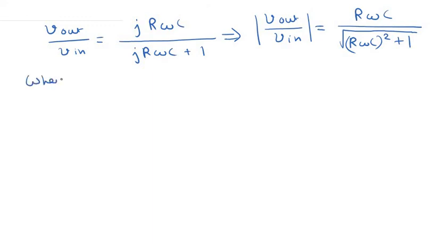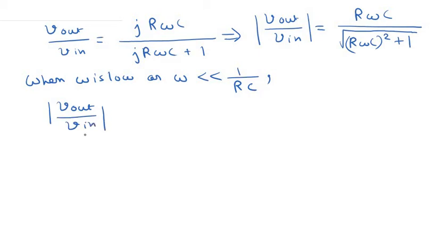When this omega is low, which basically means that omega is much less than 1 by RC, which also means that R omega C is much less than 1, we can neglect this (R omega C) square compared to this 1 here. So the denominator is approximately 1.